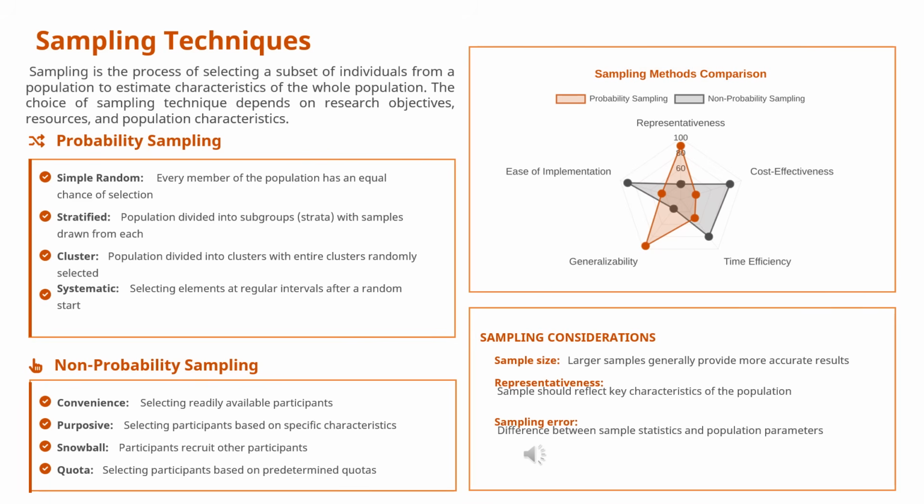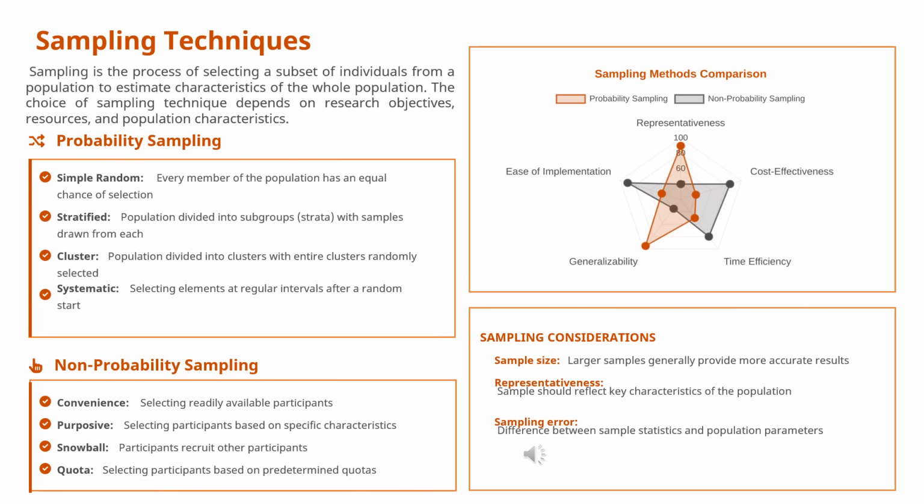Examples include, one, convenience sampling, where you recruit participants who are readily available, such as individuals from a local health clinic for a nutritional study. Then another example is purposive sampling, which involves deliberately selecting individuals with specific characteristics, for instance, those with rare diseases for an in-depth study.